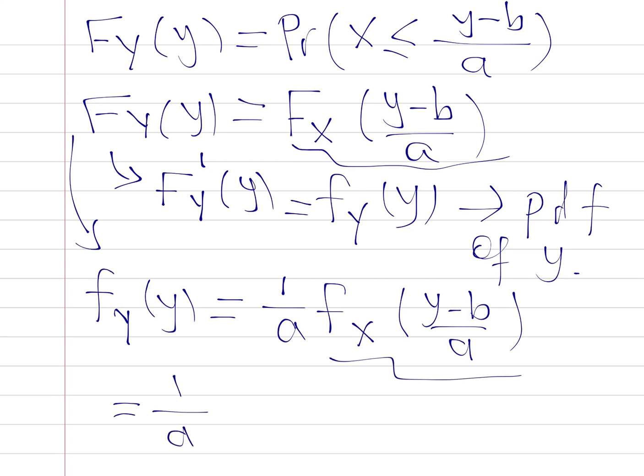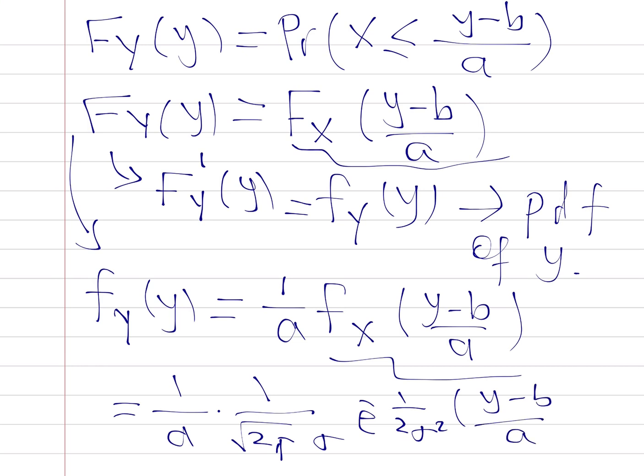Now this function is the probability density function of the normal distribution, but instead of x, we have y minus b divided by a. Now we can write this as 1 over square root of 2 pi sigma, e to the minus 1 over 2 sigma squared, and then here we have y minus b divided by a minus mu, all squared. Now we can simplify this more.